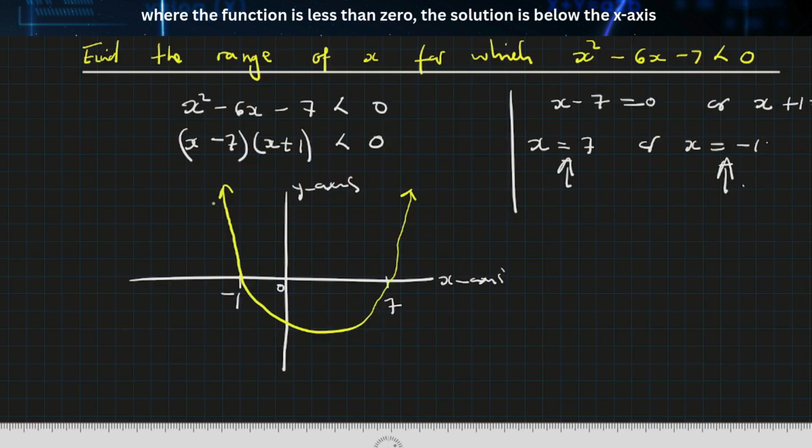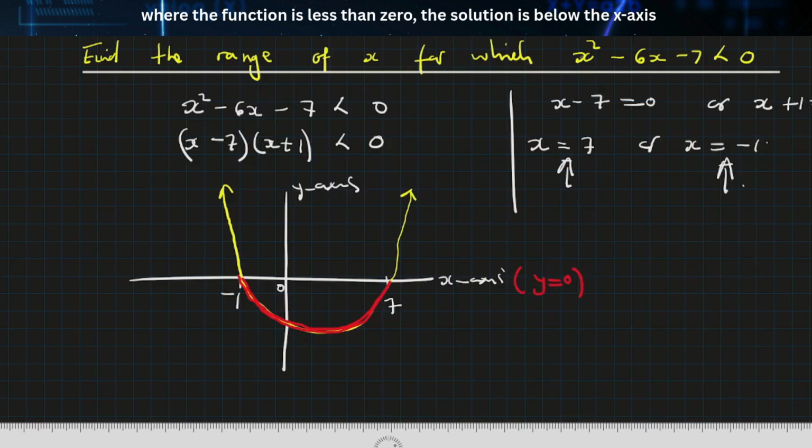They want the part where the graph is less than 0. When the function is less than 0, it simply means it's below the x-axis. They want the range of x values where the graph is below the x-axis. You get the sense? Because the x-axis is y = 0.